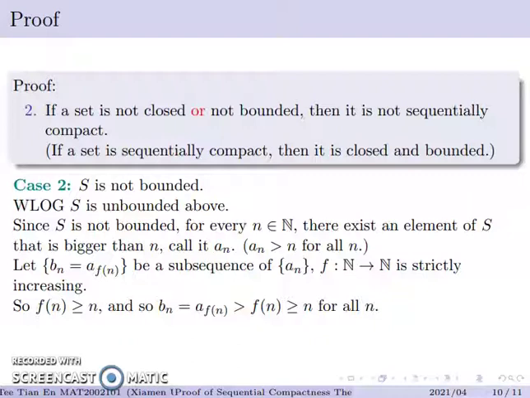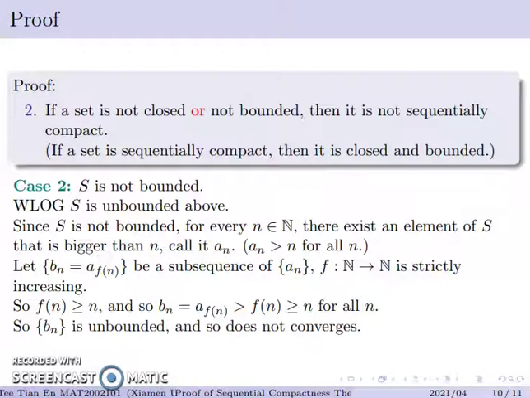Therefore, by the definition it is unbounded, and so it does not converge. And this proves that S is not sequentially compact.